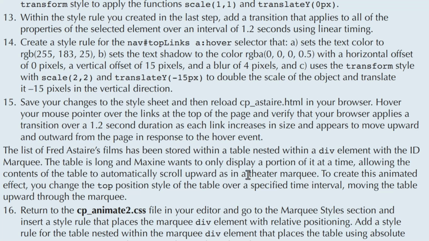And then we'll use the transform style with a scale of 2,2, the translate Y of -15 px, which will double the scale of the objects and translate it -15 pixels in the vertical direction when the user hovers over the hyperlink in the menu.